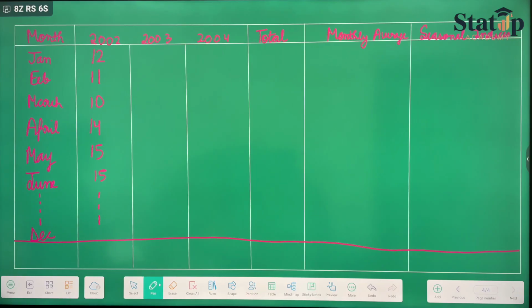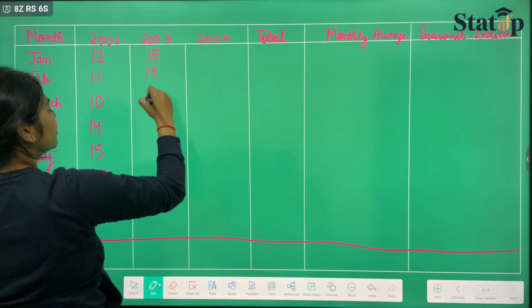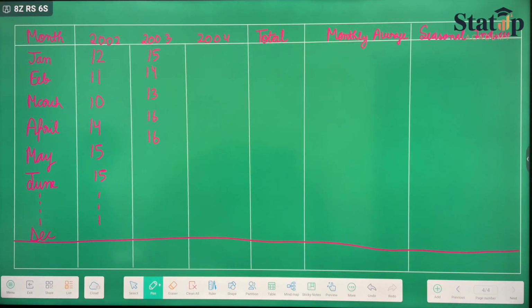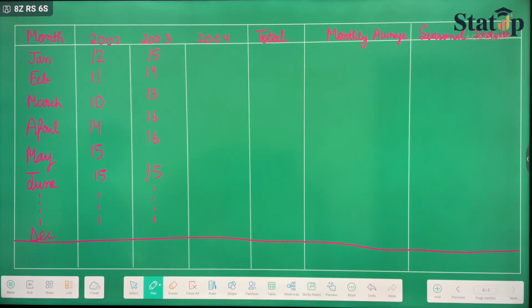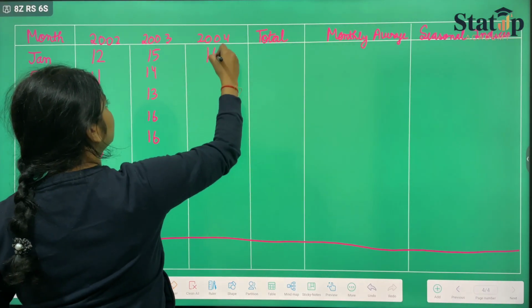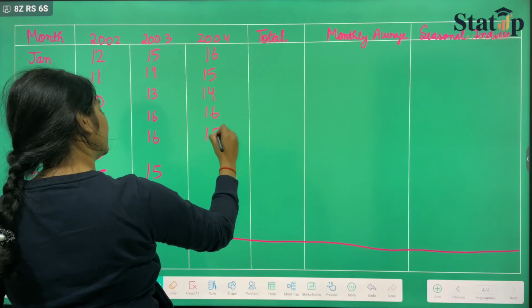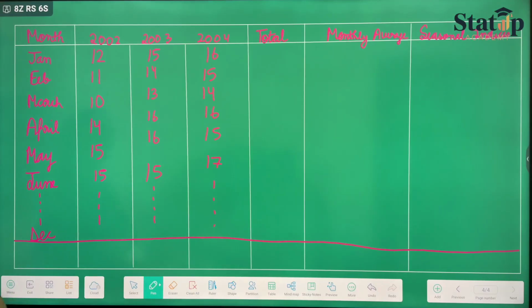Then 15, 14, 13, 16, 16, 15, and the last one is 16, 15, 14, 16, 15, 17, and so on. So first of all, we'll calculate the total of all these we have arranged.